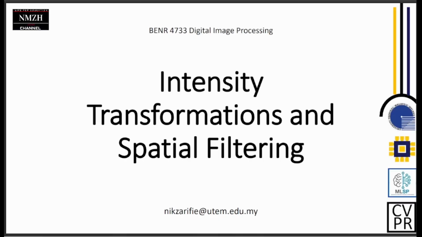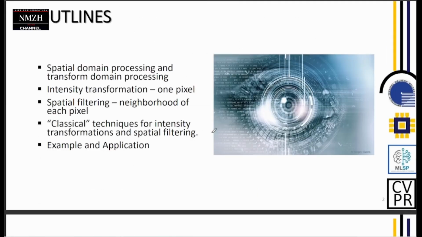Okay, hi everyone. For this video, we will discuss the remaining parts of chapter number 3, intensity transformation and spatial filtering. In this video, the focus will be on spatial filtering, whereby the neighborhood of each pixel will be the dominant thing in this discussion.